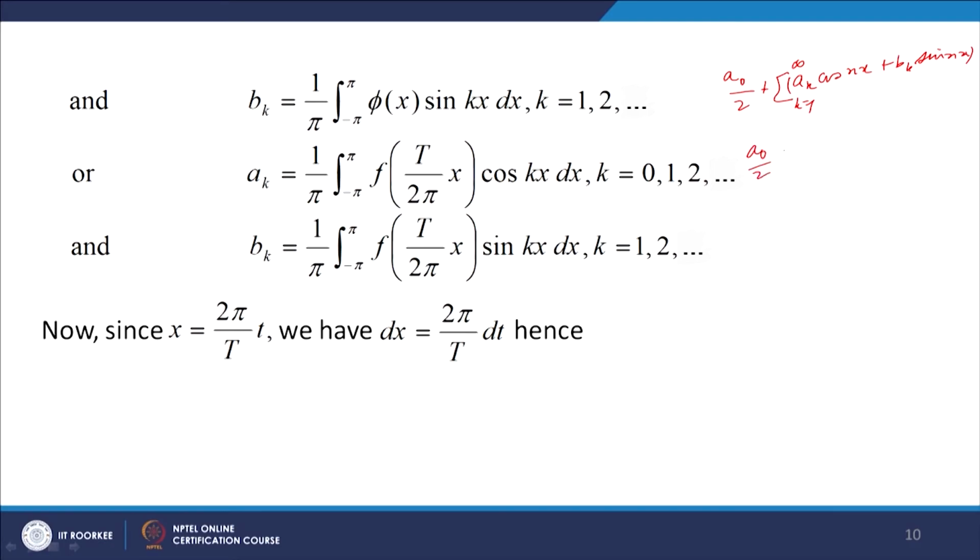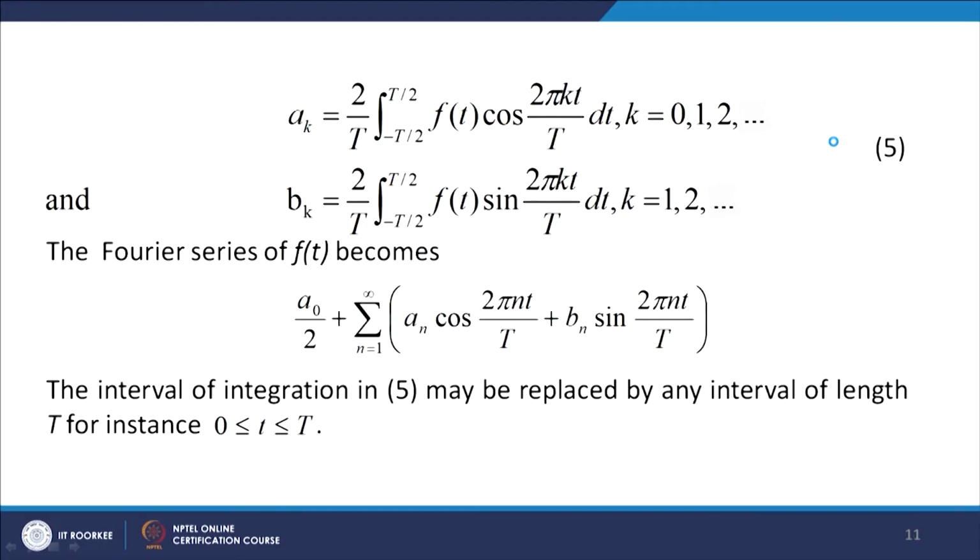So, a_0 by 2 plus sigma k equal to 1 to infinity a_k cos 2 pi kt over T plus b_k sin 2 pi kt over T. So, we can find the Fourier series for any periodic function with period T. So, this is the Fourier series.